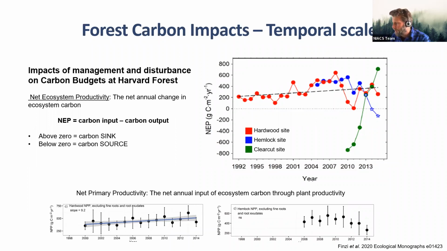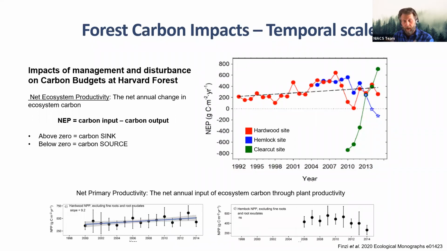And those open stars in that line show that that's when they started having very significant mortality of the hemlock. And what you can see there is right around 2014, the site turned from a carbon sink into a carbon source. And really what's driving that is those two elongated graphs at the bottom, which show net primary productivity.